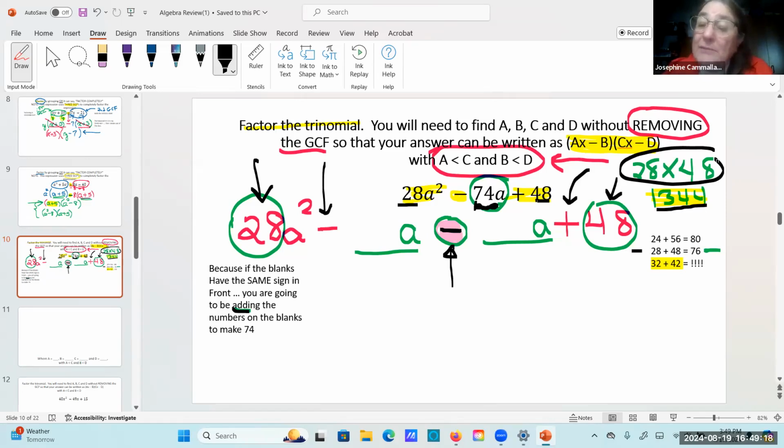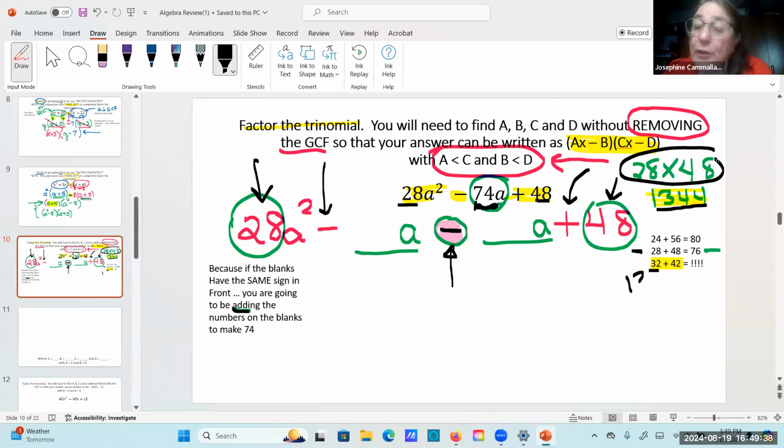Then 4 times 7 is 28. What about 4 times 8? 4 times 8 is where I got 32. Now I go back.